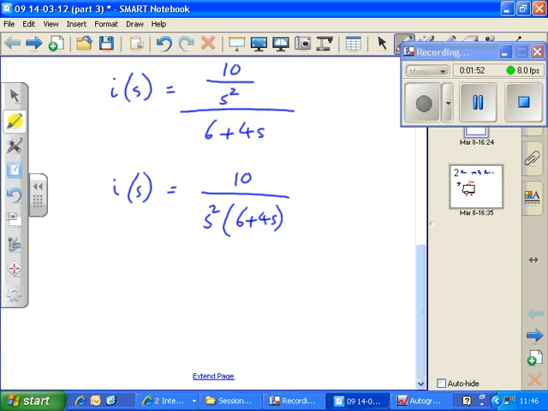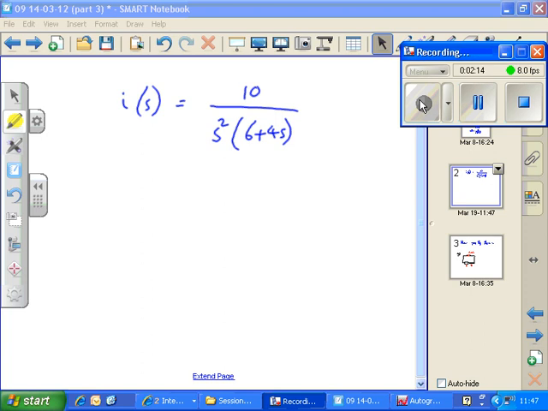And this is where we need to consider the fact that in this part of it, we've got a quadratic factor. And so using the method of partial fractions, we have to split this and have 3 terms to take this into account.